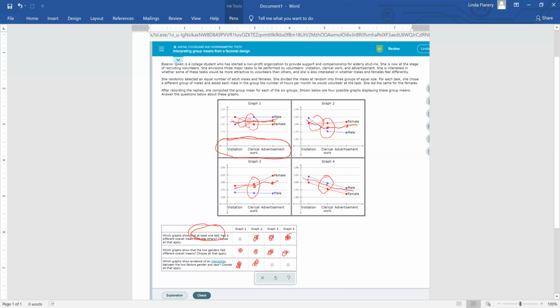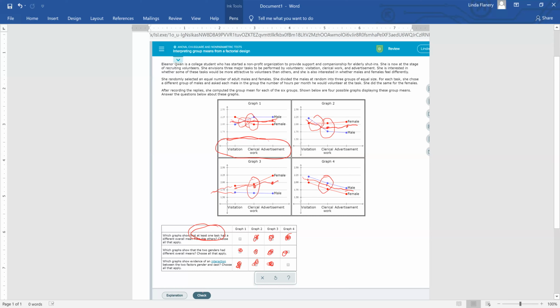Here, those two lines, eventually, if I kept going this way, because this one is slanted slightly down, would intersect eventually. So that one's showing an interaction. And then this one here, those two lines are parallel all the way. And since those have parallel lines, those lines are never going to intersect. And so those are the only ones not showing an interaction.